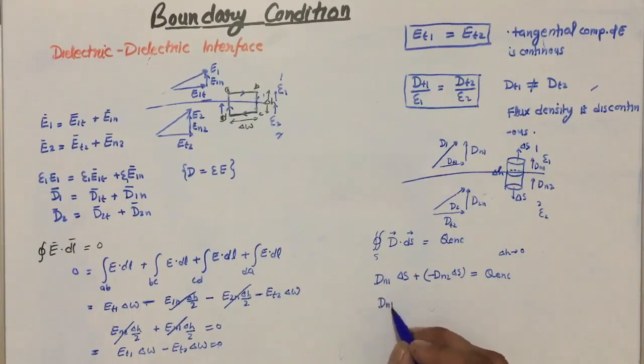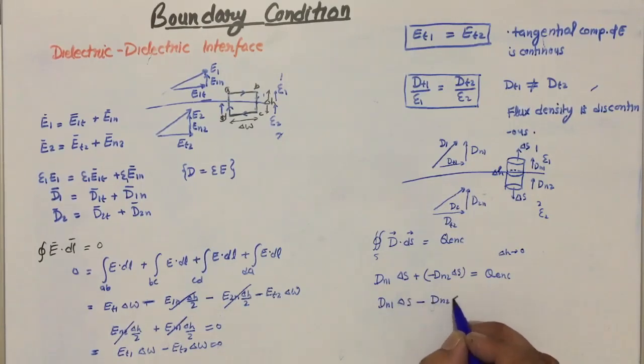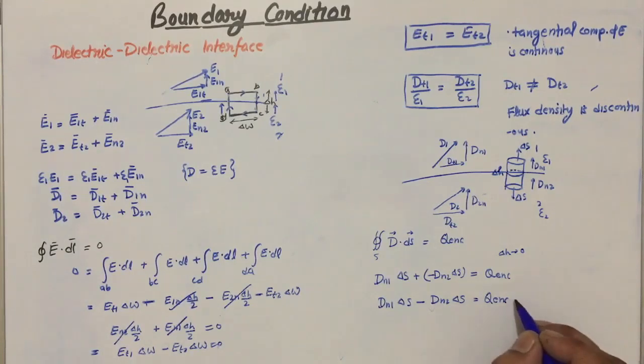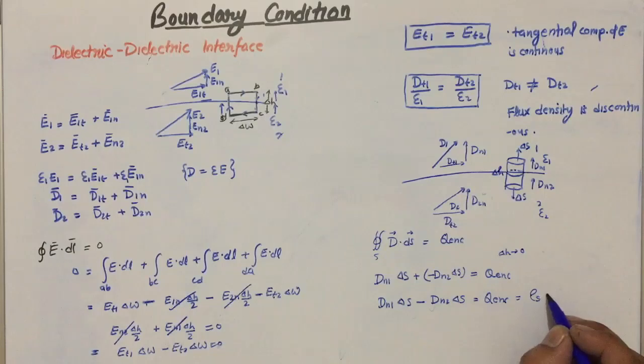Now Dn1 del s minus Dn2 del s equals Q enclosed. And what is Q? Surface charge density times the total surface area.